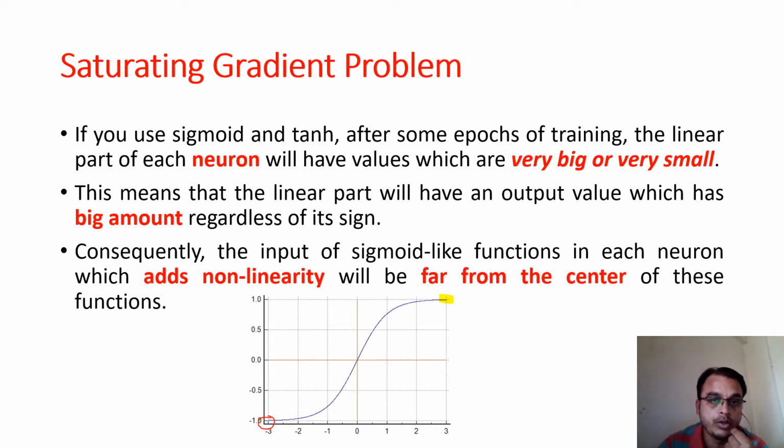If you look carefully here, the sigmoid function is used, and it adds some non-linearity, but the values change to either the smallest one or the highest one. So the change will be between very big or very small. This is the issue with the saturating gradient problem.